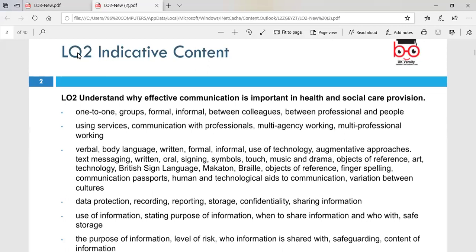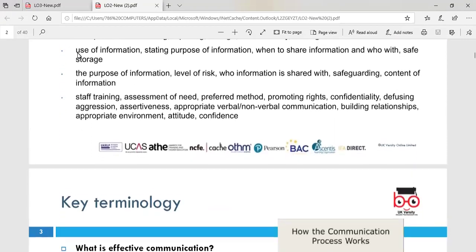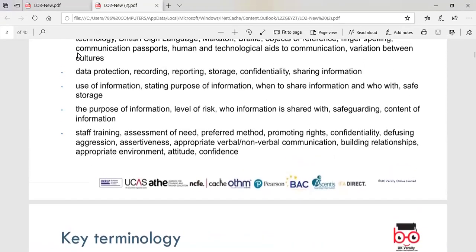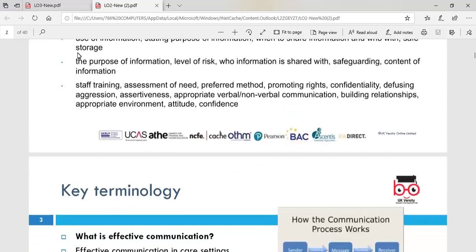We'll talk about different methods of communication and different barriers to communication, what they are and how they can be resolved. And we'll talk a bit about data protection, recording, reporting, storage, confidentiality, and sharing information.